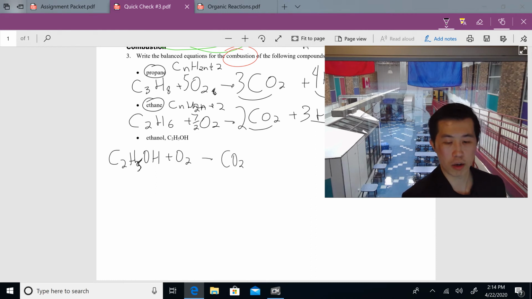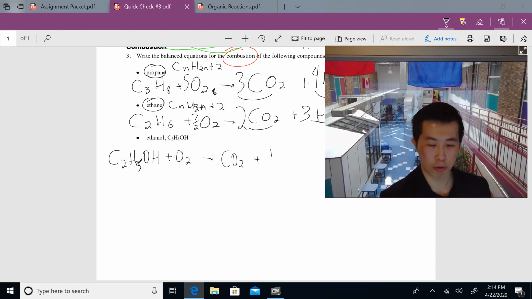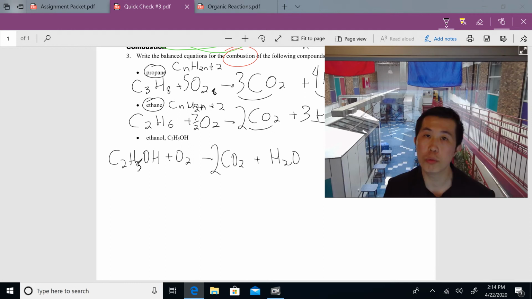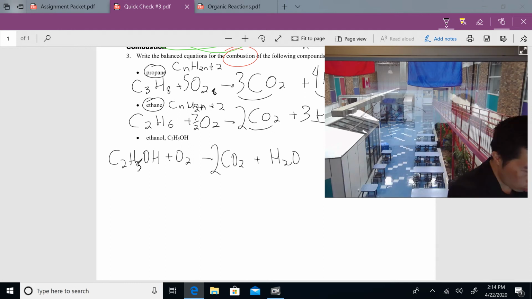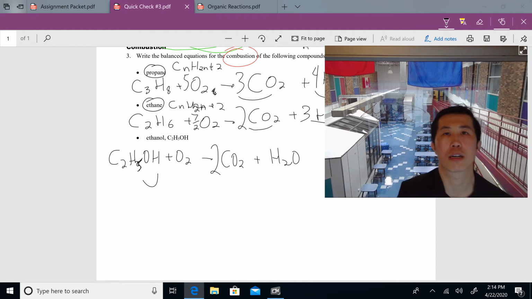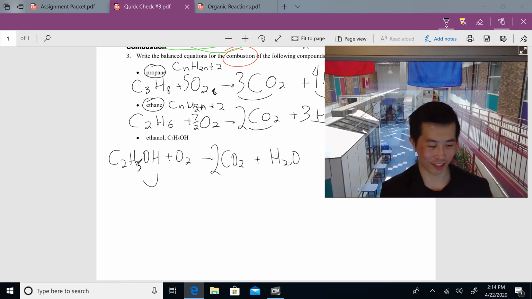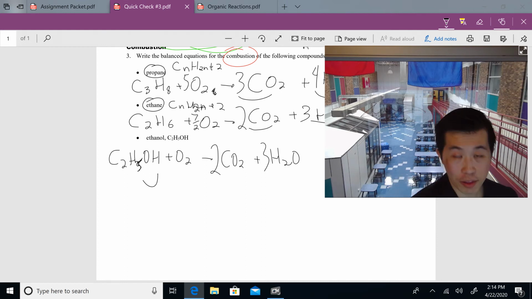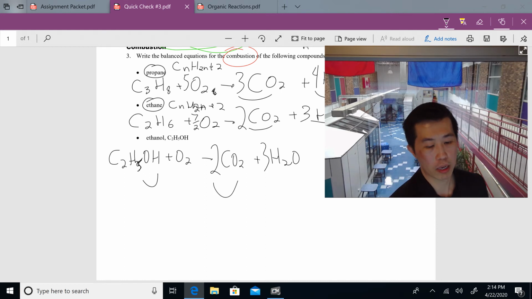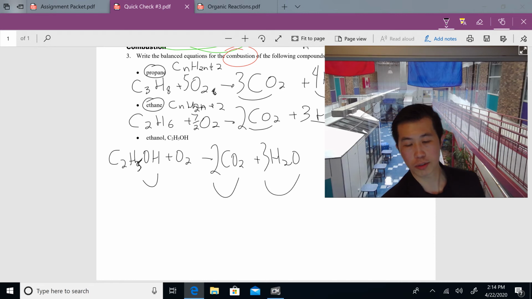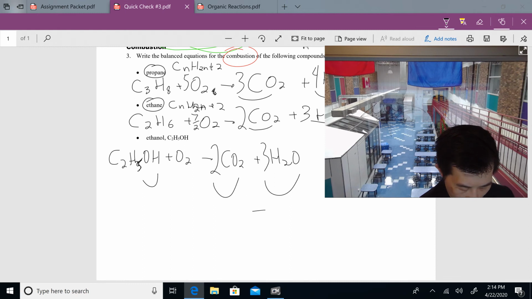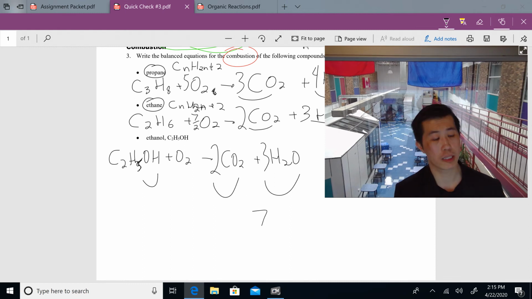We're going to have carbon dioxide plus H2O. Okay, and go ahead. We need to balance our carbons, so we got 2 there. And be very careful. We actually have 6 hydrogens, so we have to put a 3 there. Okay, and this one's a bit tricky, is that you have 4 oxygens plus another 3. That would give you 7, right?